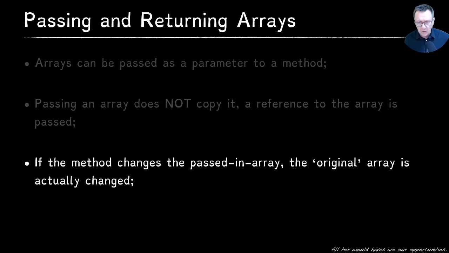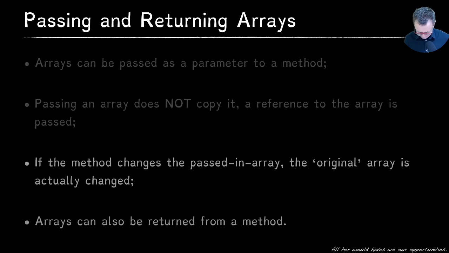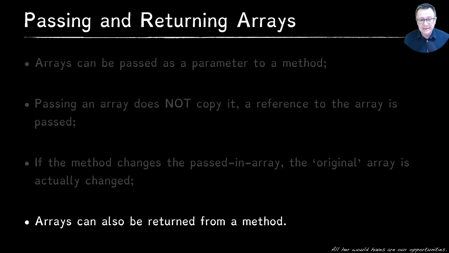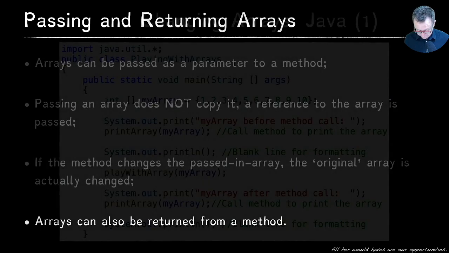So if that method makes a change in the array that was passed into it, the actual original array is changed. You with me? I hope so. And arrays, we can also return them from a method, which has its own dynamics to it.